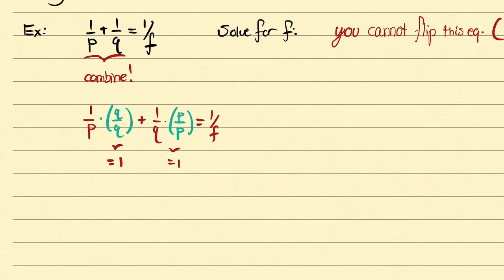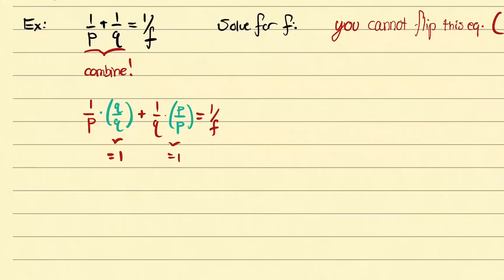So nothing has changed. The only thing that has changed, though, is they both have the same denominator. So now I can add through their numerators. And now what I can do is cross multiply and flip these fractions.